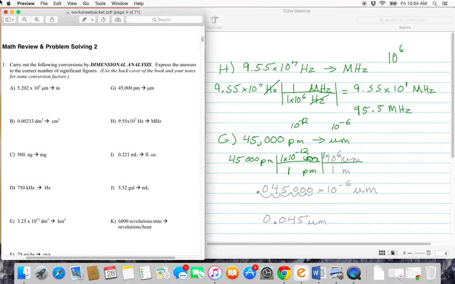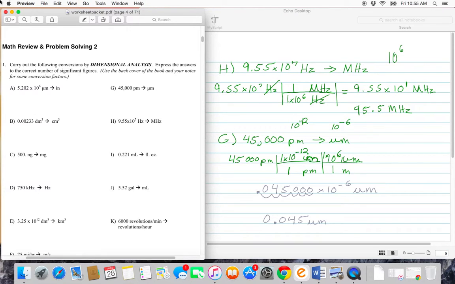And then, for every 1 meter, there's 1 times 10 to the positive 6 micrometers. We have our ones on the bottom, so we do not have to deal with division.